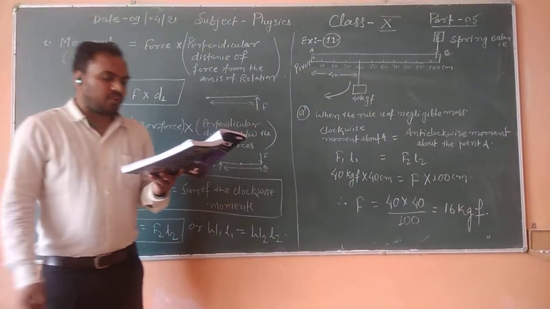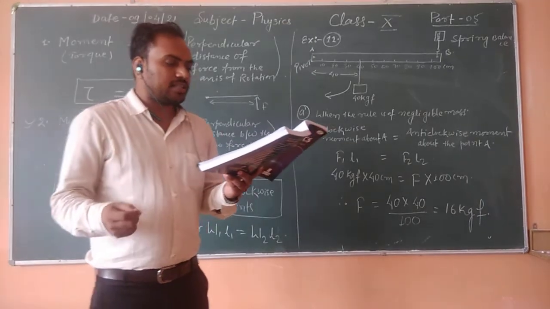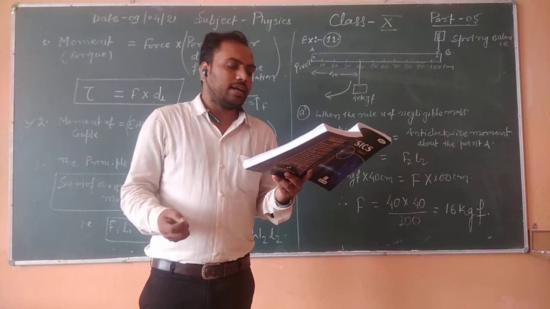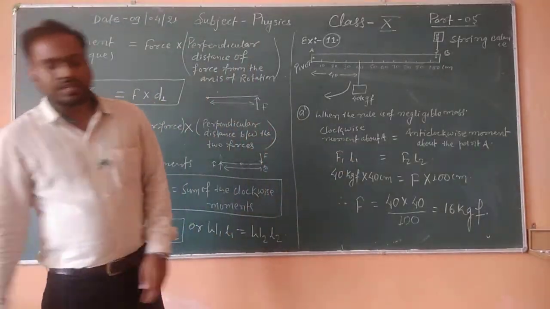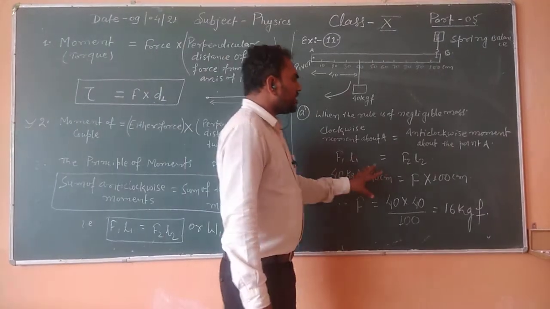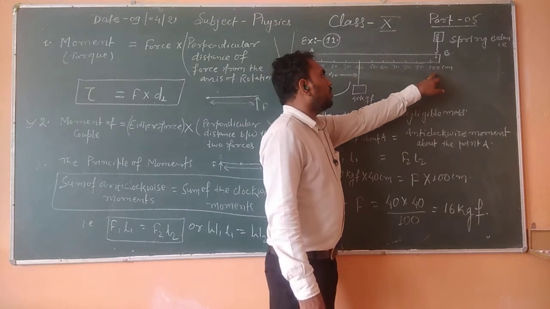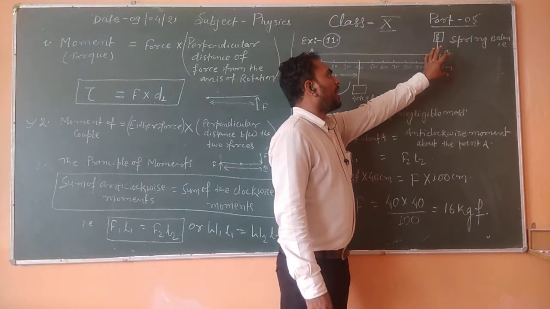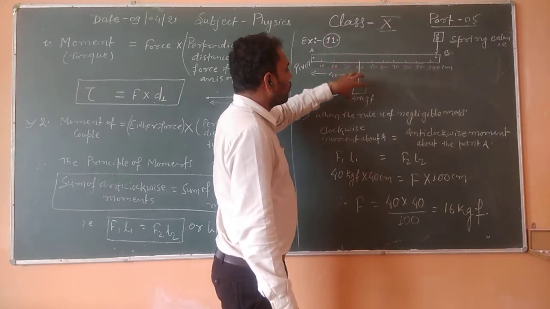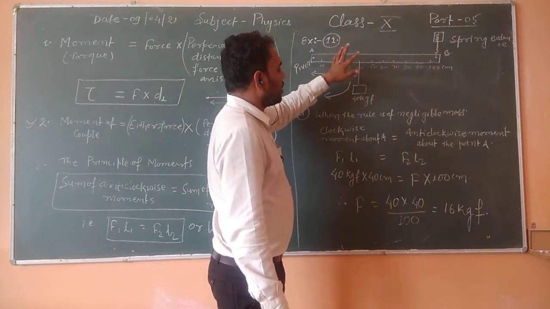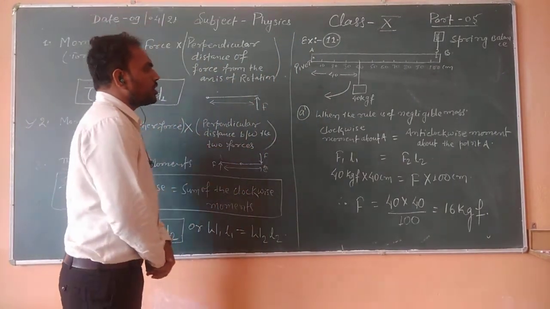He is asking to find the reading of the spring balance when the ruler is of negligible mass and when the ruler is of 20 kg mass. It means it is asking you simply to find the force applied at the spring when we hang 40 kg of weight at the 40 centimeter mark.